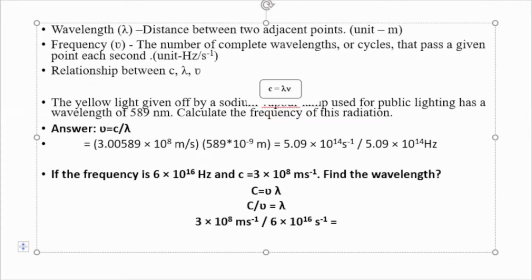Then the equation, 3 divided: upper side is 10 to the power 8, lower side 10 to the power 16. So it will come as 10 to the power minus 8.